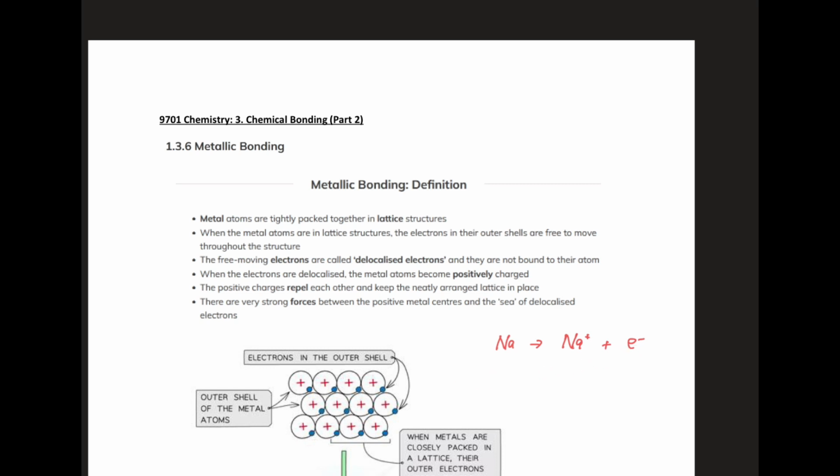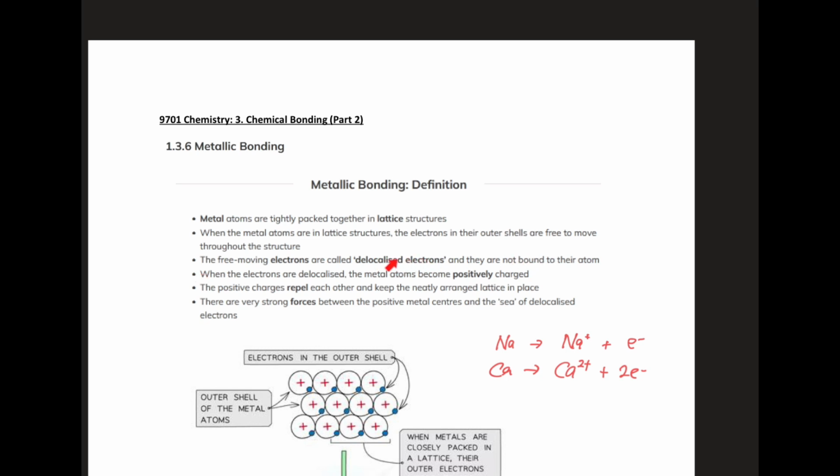But if I have calcium, then you should expect calcium to have 2 electrons that are free to move when they stay in the lattice structure. The free moving electrons are called delocalized electrons. That means they are not going to stick to their original master. They can move any way, and they are not bound to their atoms anymore.